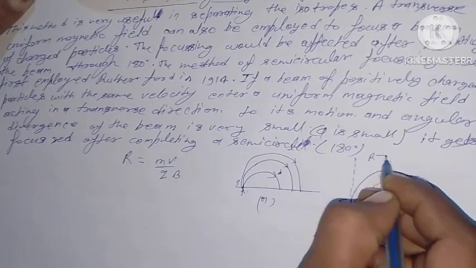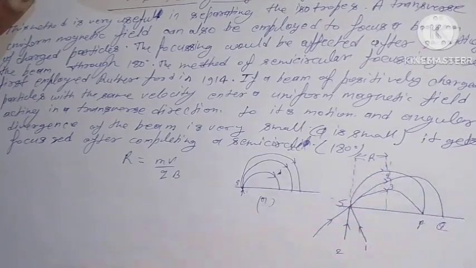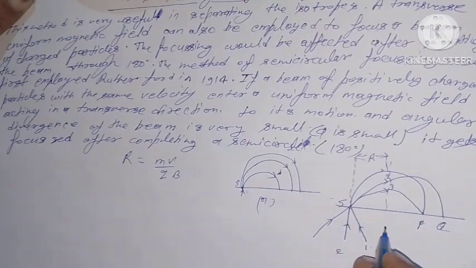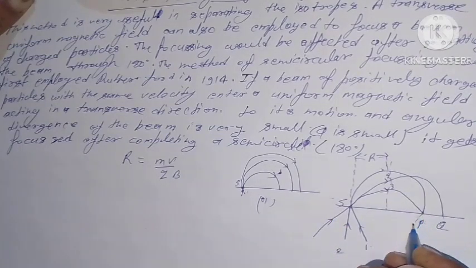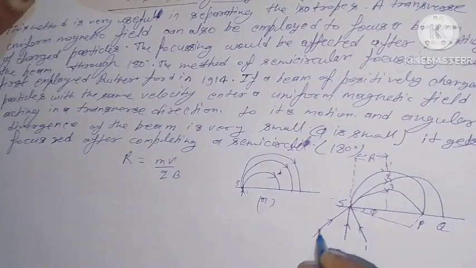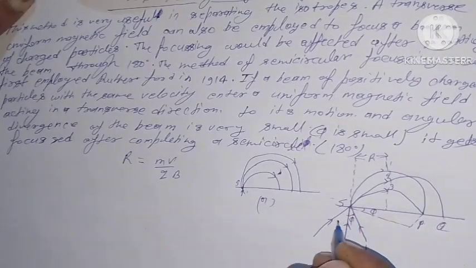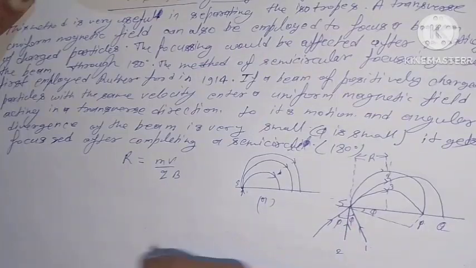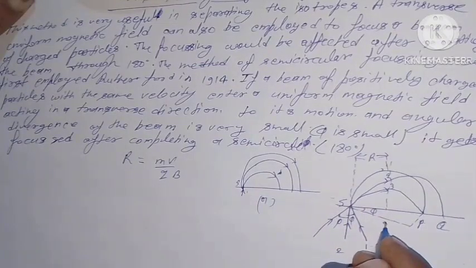R. The angle is phi, and this is phi angle, and this is phi, and this is phi. And this is 2r.